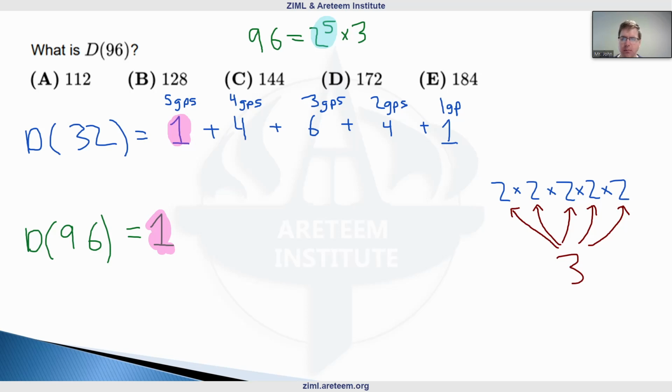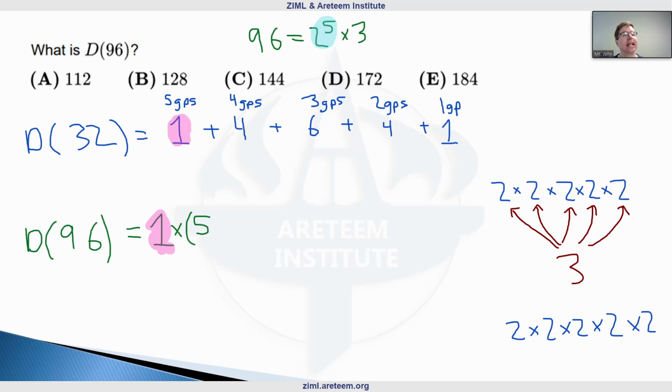There are actually 5 of these outcomes where we add the 3 to one of the previous 5 groups. Now, that's not the only thing that can happen. So let's look at our 2 times 2 times 2 times 2 times 2 again here.